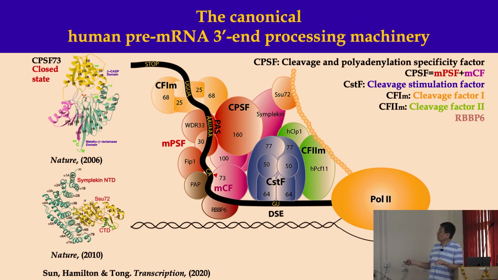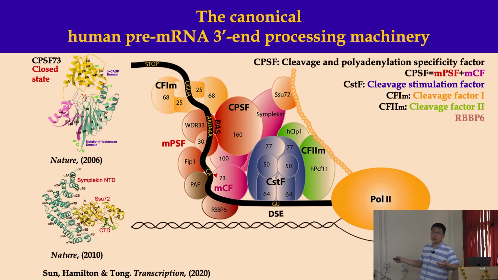So CPSF-Symplekin is part of the mammalian cleavage factor, MCF. And now you can see the complex with a protein called SSU72, which is a Pol II CTD phosphatase. Do you know about Pol II CTD? Well, anyway, Pol II contains many, many protein subunits. And the largest subunit has a long C-terminal extension, or C-terminal domain, CTD, that has peptide repeats.